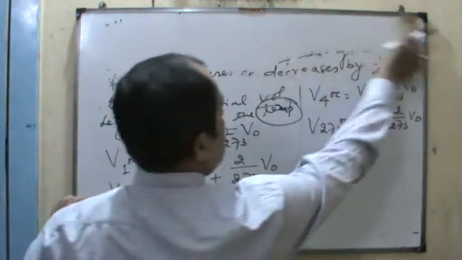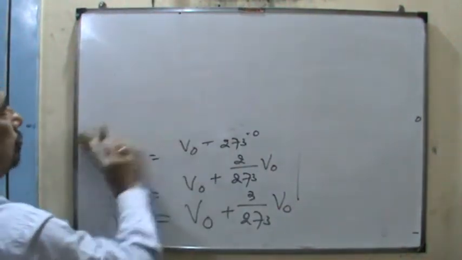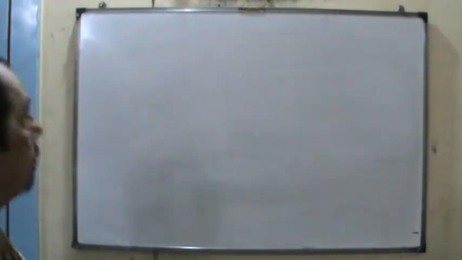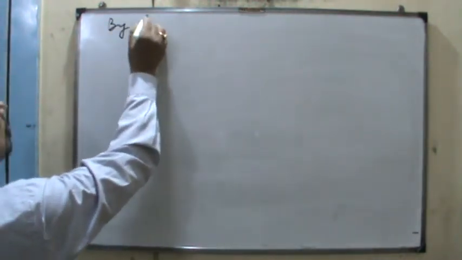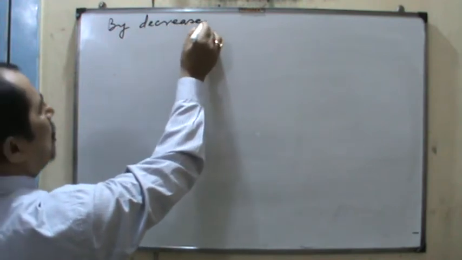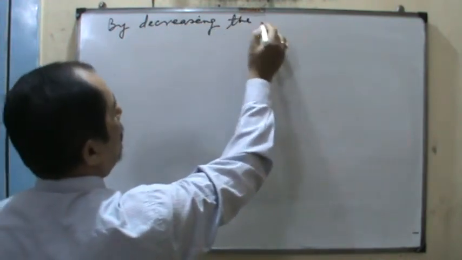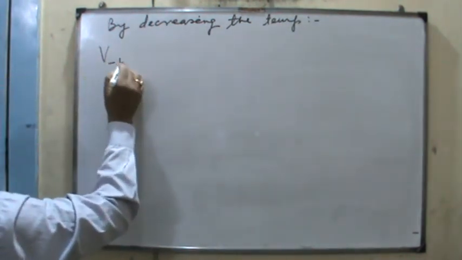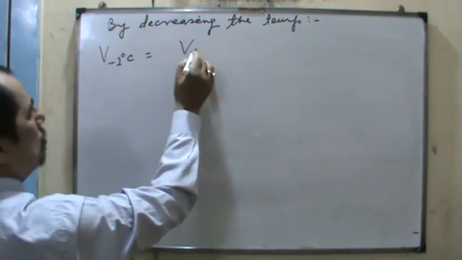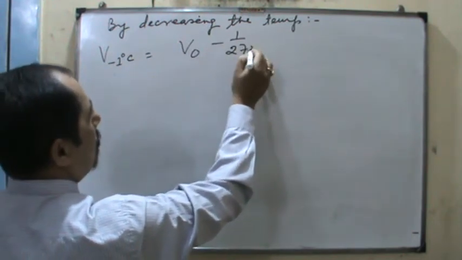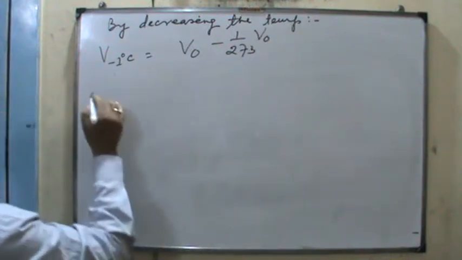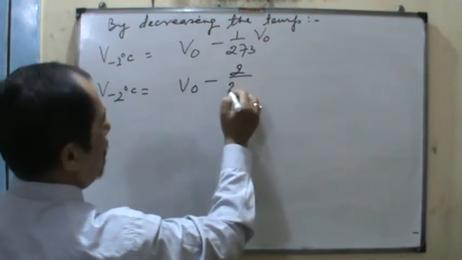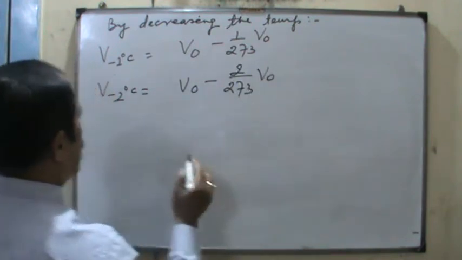Now by decreasing the temperature, V at minus 1 degree Celsius is equal to V0 minus 1 upon 273 V0. V at minus 2 degrees Celsius is equal to V0 minus 2 upon 273 V0.